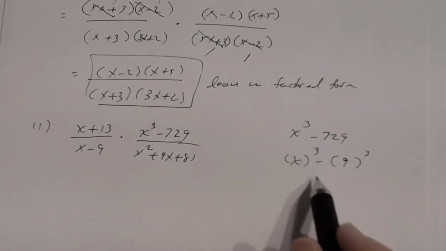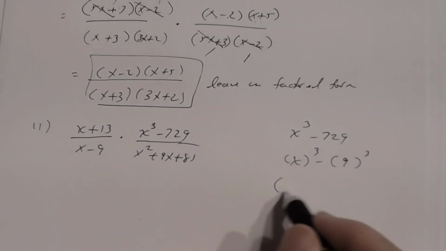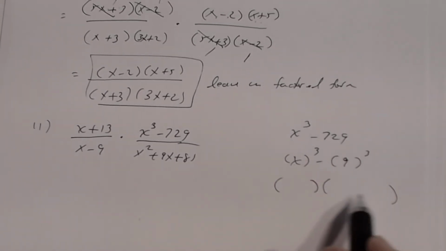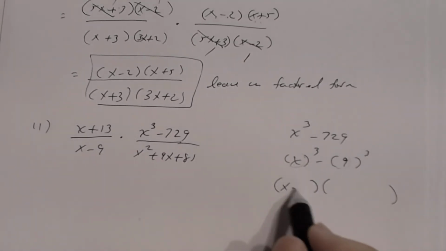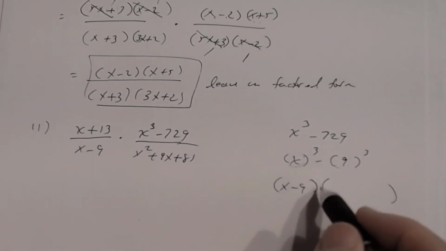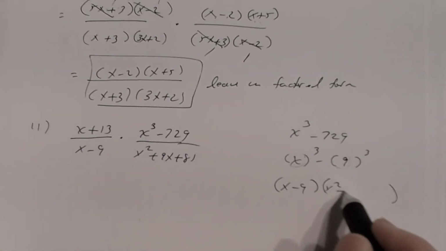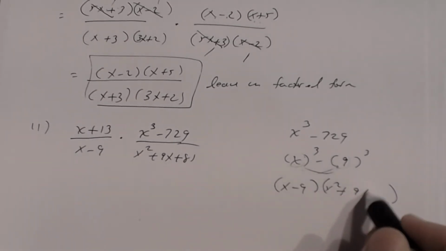So therefore, you remember when you factor the difference of two cubes, you get a binomial times a trinomial, and this trinomial you cannot factor. So the binomial is x minus 9. And then a trinomial is where you take that x here and you square it. Then remember it's plus the product of the x and the 9. So plus 9x.